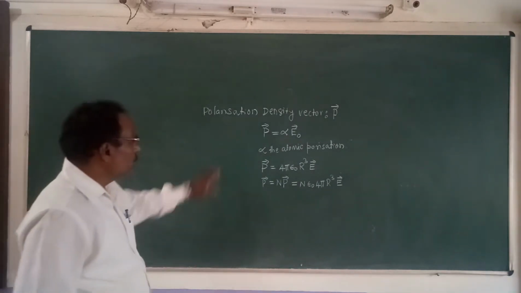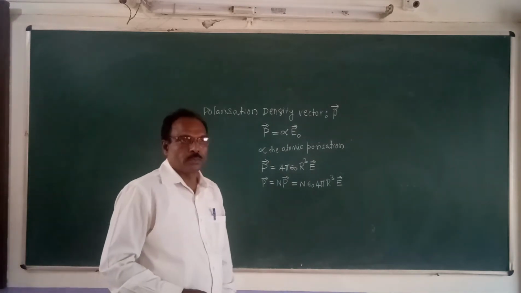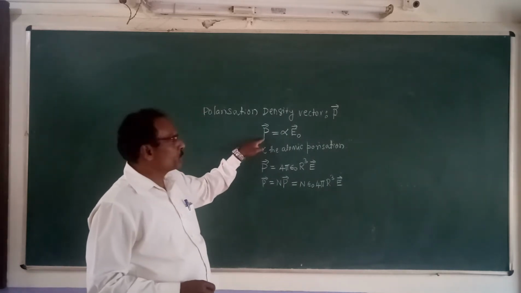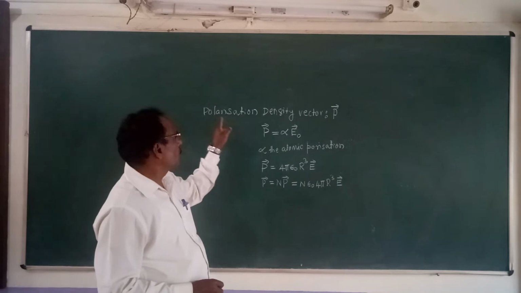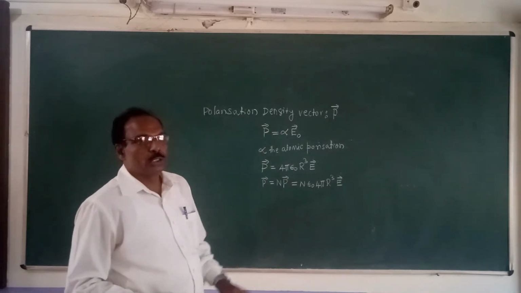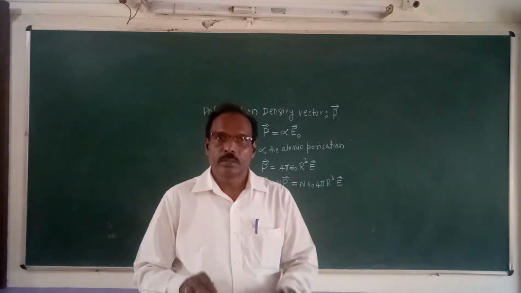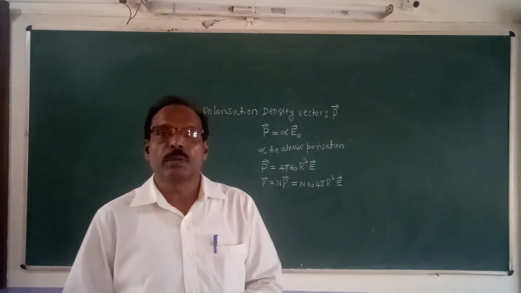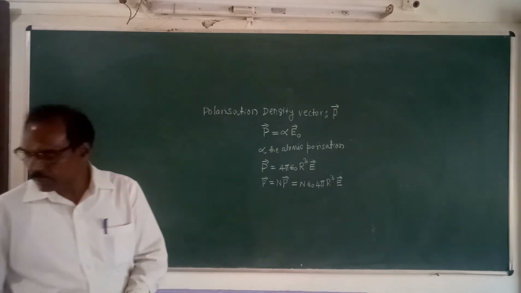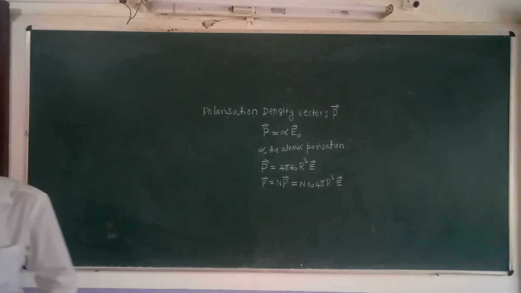Now, this we have discussed earlier. This electric polarization vector, or polarization density vector, and charge density, there exists a relation between them. So we'll try to obtain that relation today.